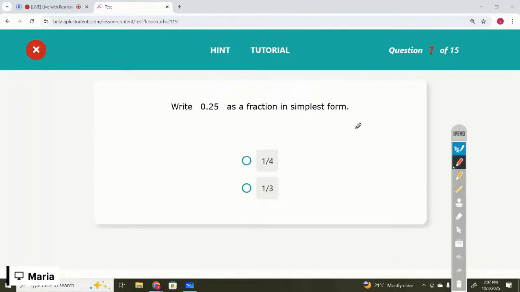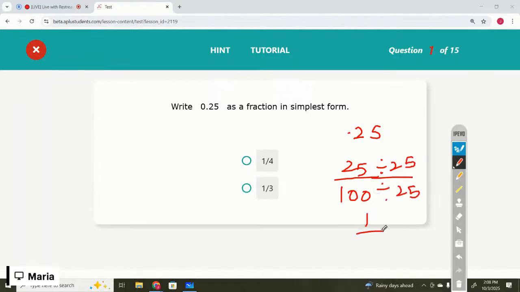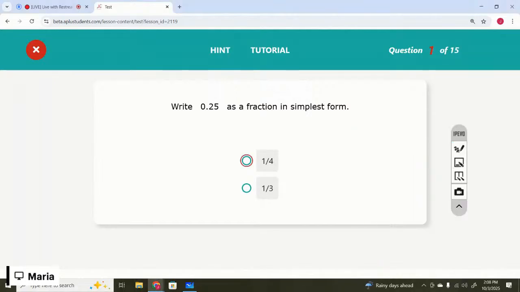After the point we have two digits, so we can write it as 25, 1 for the decimal point and two zeros for the two digits. That is 25 by 100. Now divide by the greatest common factor. The greatest common factor is 25. So 25 divided by 25 is 1 and 100 divided by 25 is 4. So that is 1 over 4. The correct option is option number 1, that is 1 over 4.